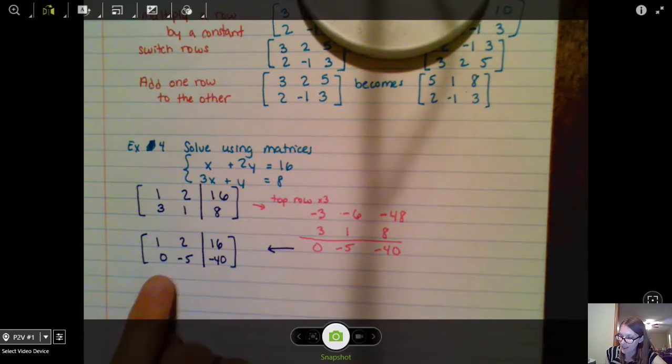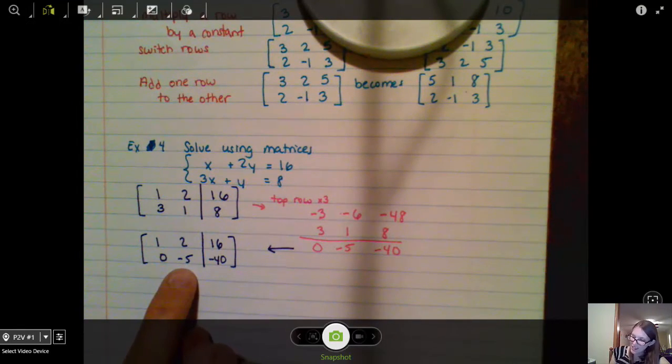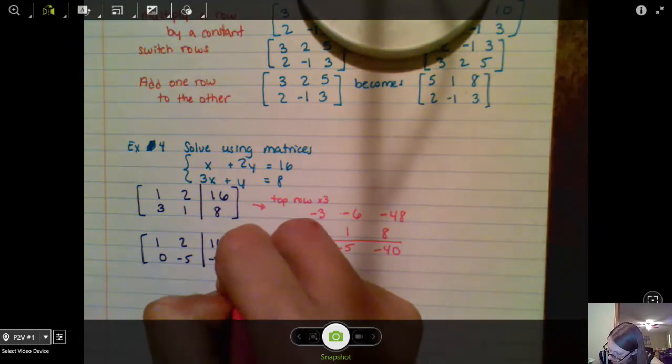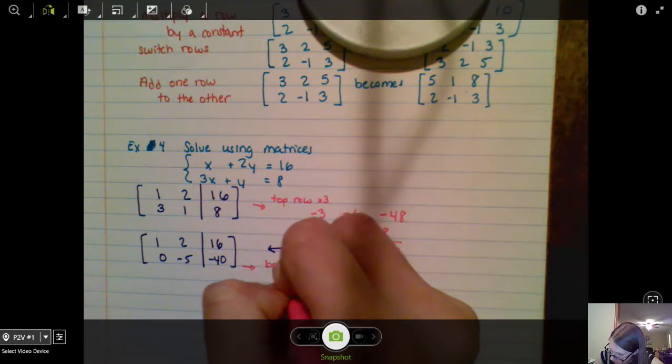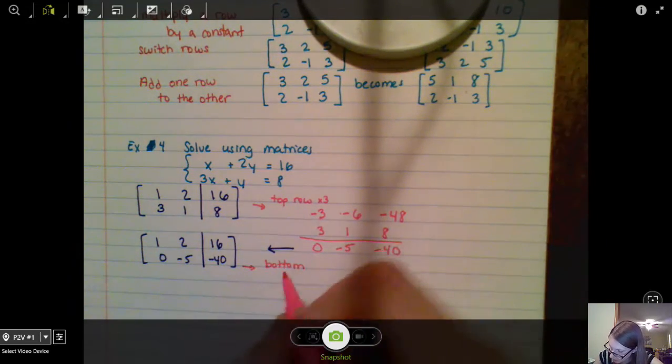All right, so this isn't too bad, but oh man, now this is a -5 here. I wanted this to be a 1. Let's change that by taking our bottom row times -1/5.